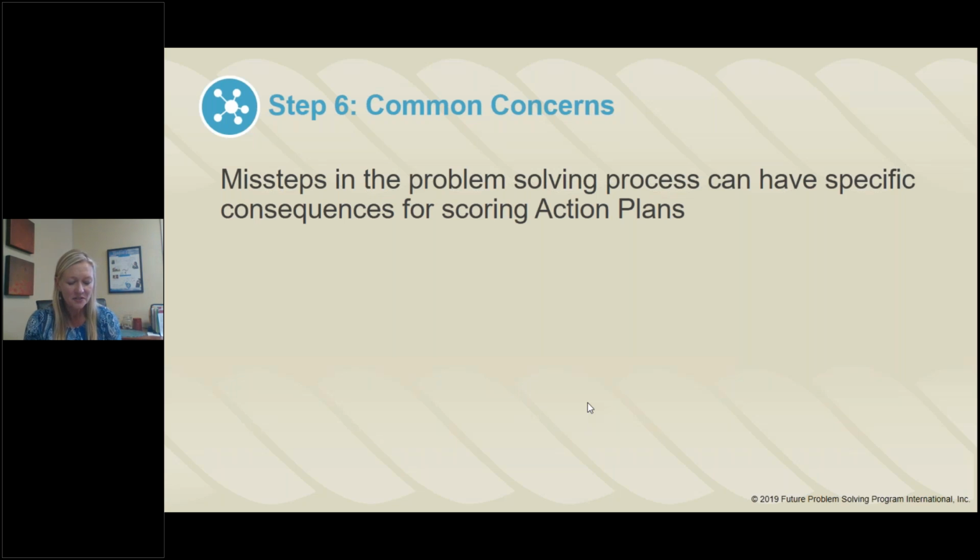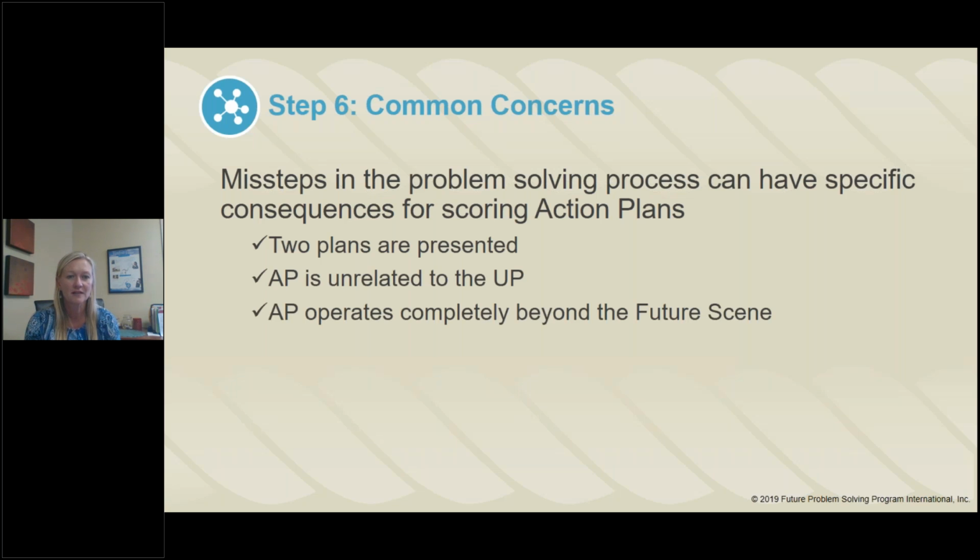So some concerns that students encounter is reflected in their scoring of their action plans. If they present 2 solutions that are very different, and they ultimately have 2 smaller plans that are presented, that's very difficult to evaluate, because there's not enough time or space to really fully develop both of those plans.